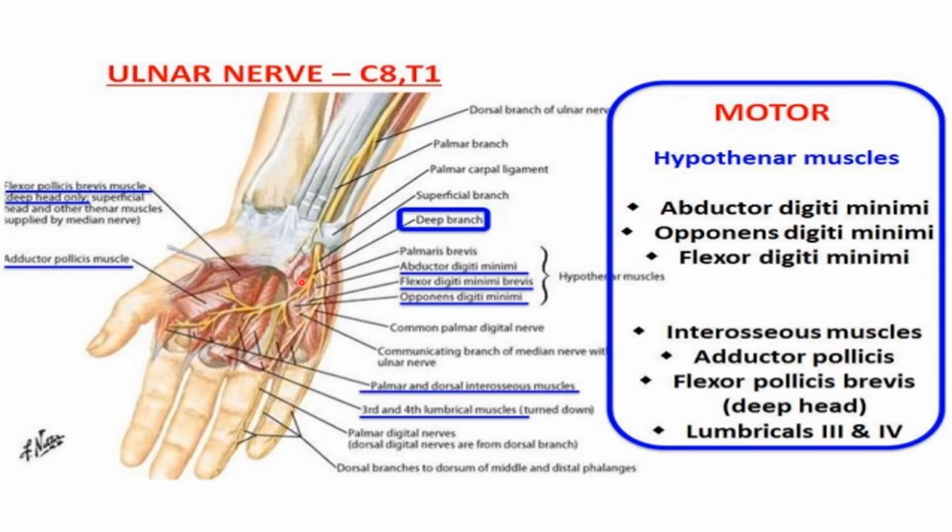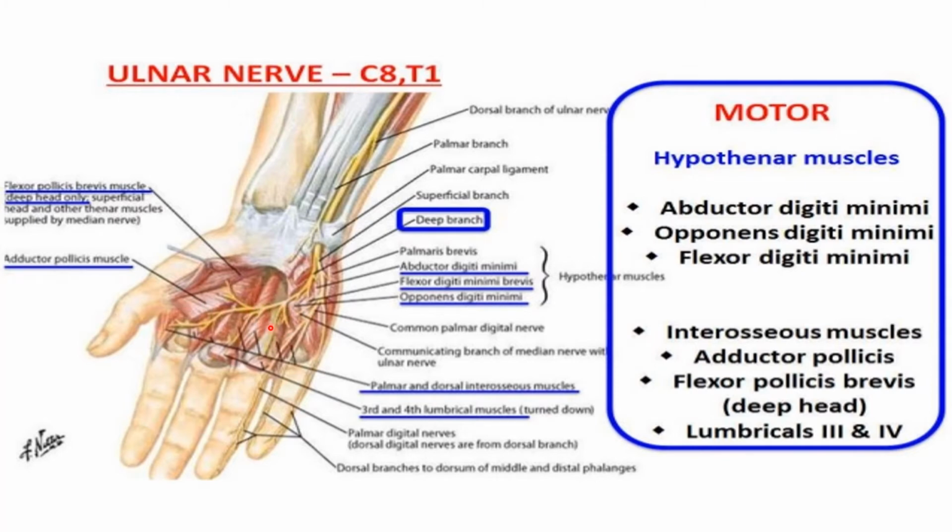The deep branch, in addition to supplying the muscles, also supplies the joints like the wrist joint, the intercarpal joints between the carpal bones, the carpometacarpal joints between the carpal and the metacarpal bones, and the intermetacarpal joints between the metacarpal bones.